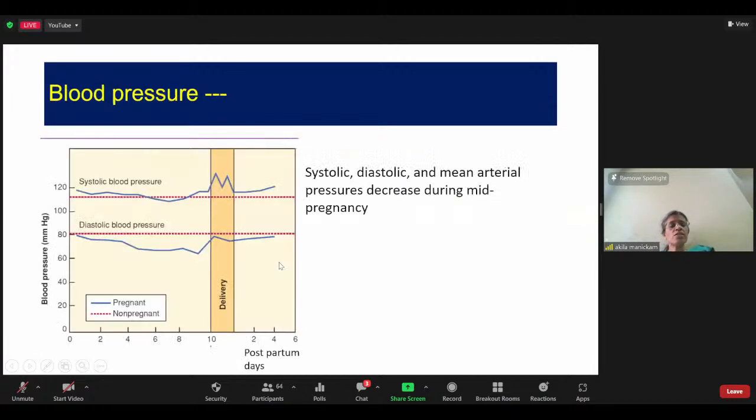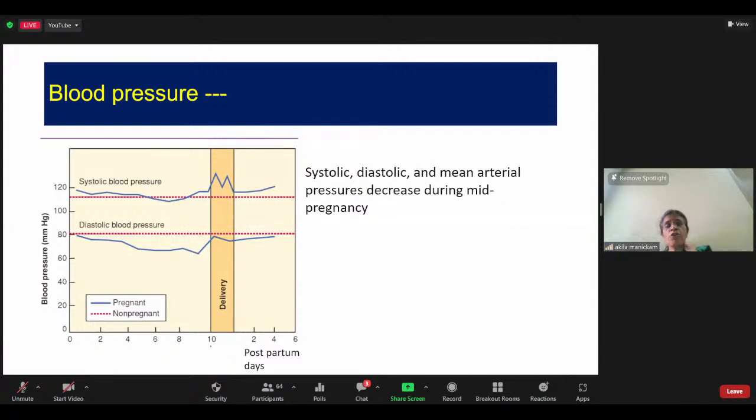Next, when you look at blood pressures, there is an overall decrease in your systolic blood pressure, diastolic blood pressure, and mean arterial blood pressure. But the decrease is maximum at about mid-gestation, around 12 to 18 weeks of pregnancy. Why is there a decrease in this blood pressure?